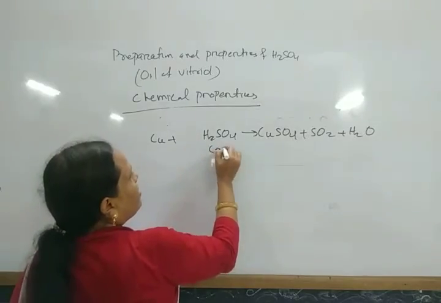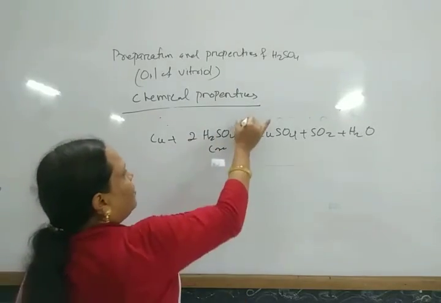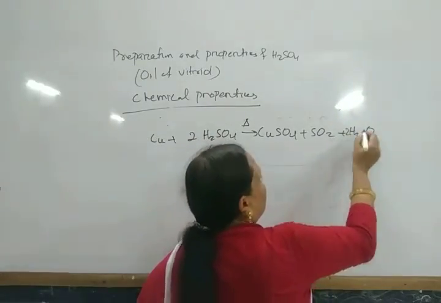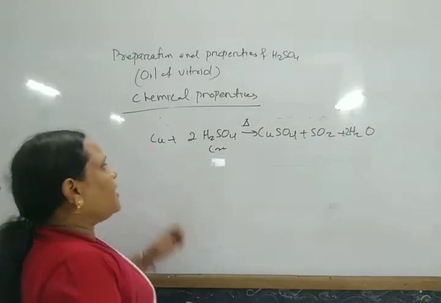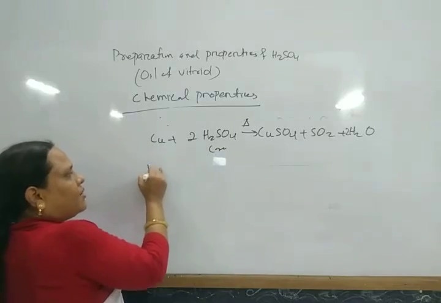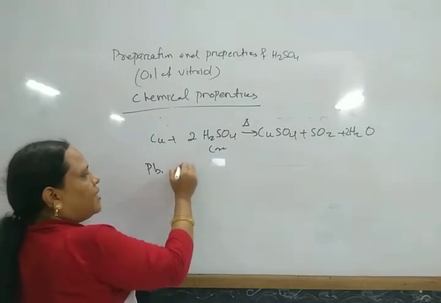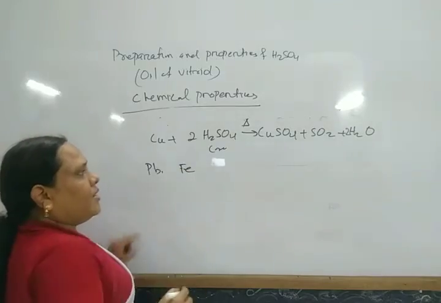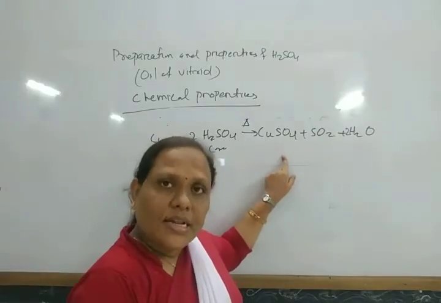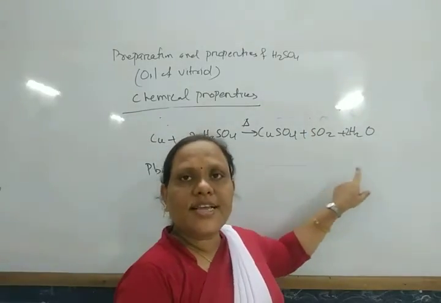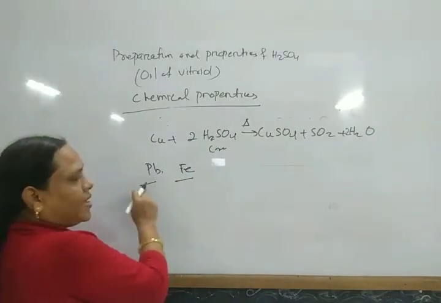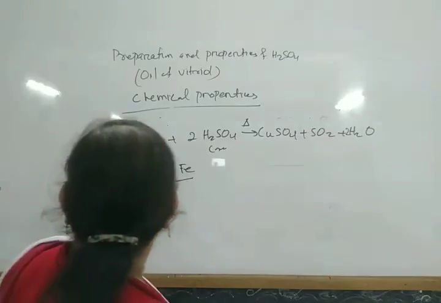So here concentrated 2H2SO4, when heated, gives copper sulfate, sulfur dioxide plus 2H2O. Similarly, it reacts in the same manner with lead and iron in concentrated sulfuric acid to form the corresponding metal sulfates, then sulfur dioxide, then water.